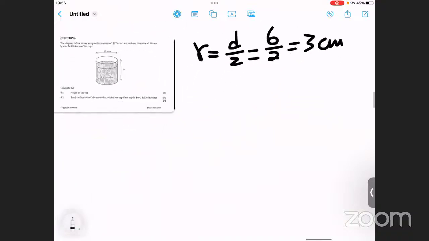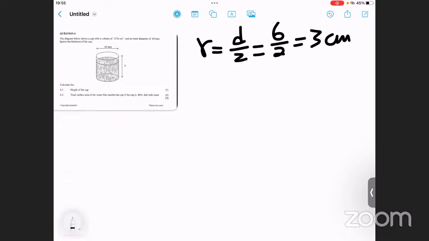And then from there, they already gave us the volume, which was 117 pi. So what I did, I remembered the formula where volume equals pi r squared times height.